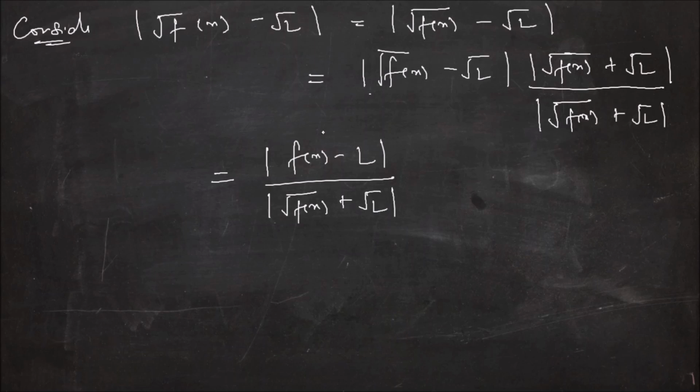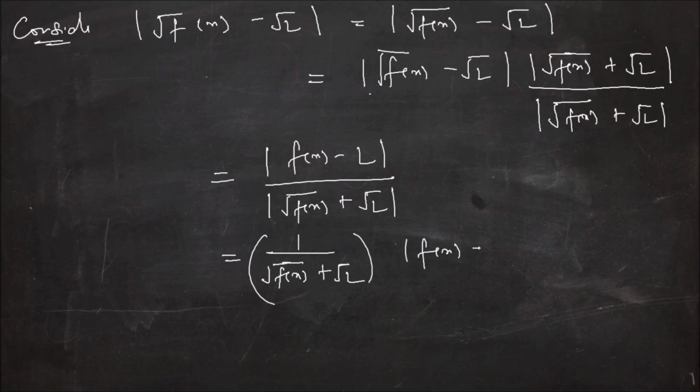So now this I can make less than epsilon using the limit, but I have to make this less than some constant. So 1 by this is less than some constant. This term is positive, this term is positive, so I can remove the modulus. So this is equal to 1 by root f x plus root L times f x minus L. Now root f x is greater than root a, so if I replace this by root a, then this number will become bigger because I am decreasing the denominator.